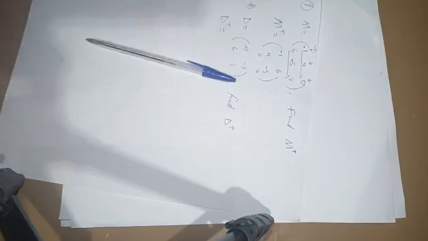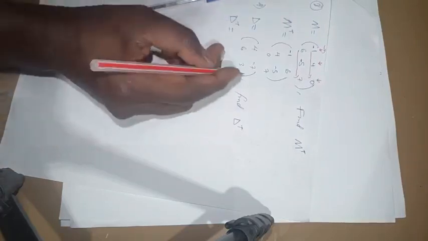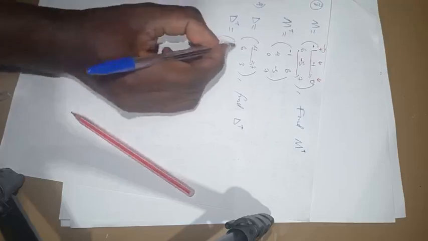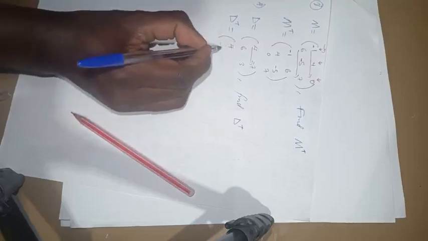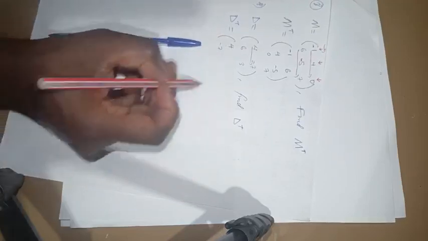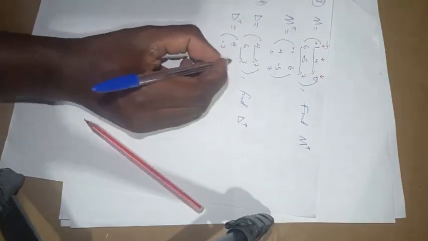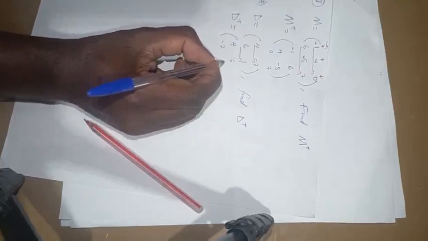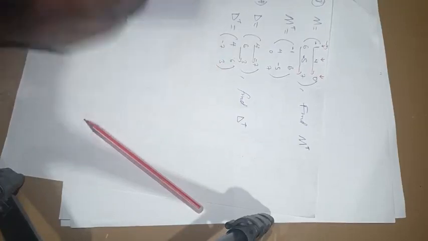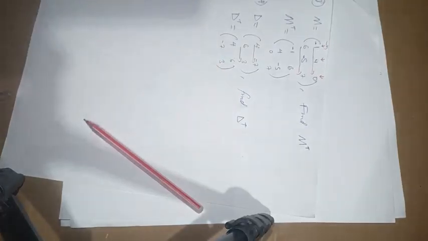So we shall start with this one. So this line, starting with the 4, then -7 down there. The next one, you go to this one. We shall have 6 on top, 3 down. So this would be the transpose.